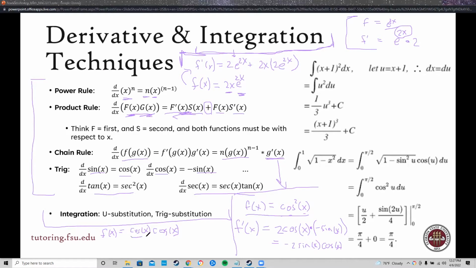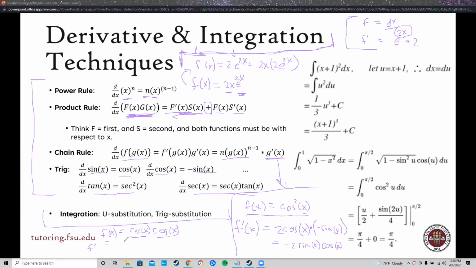If we do that, now we can recognize that these are 2 functions of x multiplied by each other, similar to how we do with the product rule. So now I can employ the product rule to take the derivative.